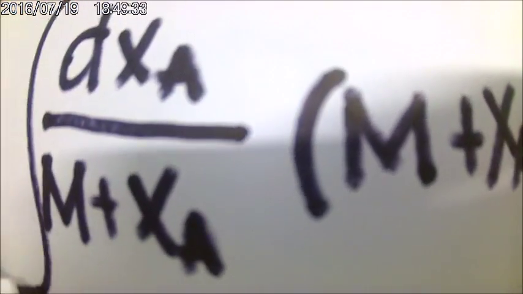So integrating, we will arrive with ln of (XAE minus XA) over XAE equals (M plus 1) over (M plus XAE) k1 t, because this is constant.